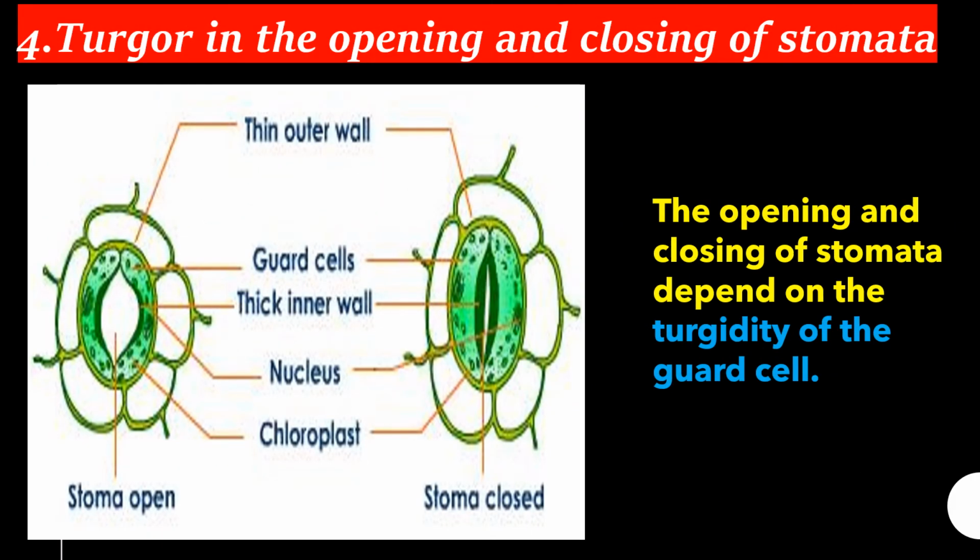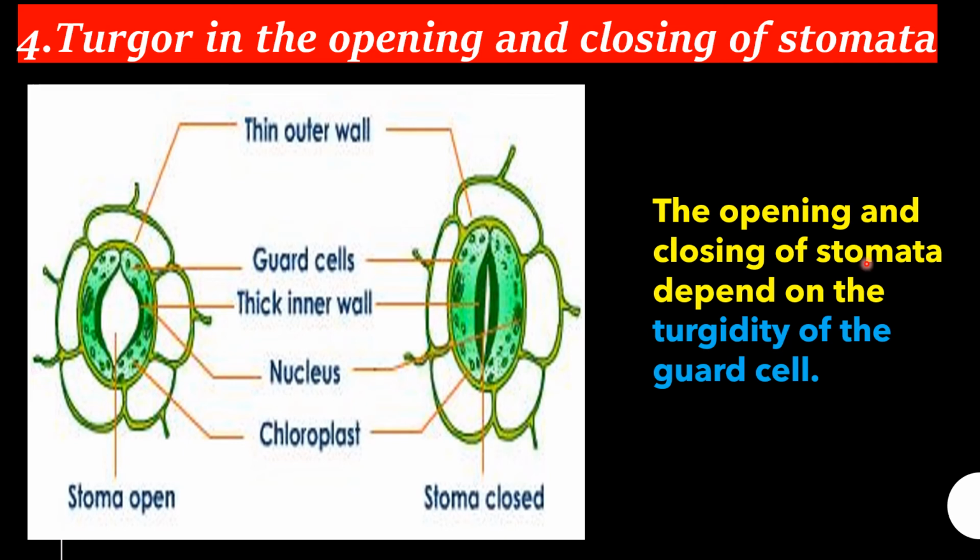Turgor in the opening and closing of stomata is another use of turgidity to plants. Here you can see in this picture, this is an open stoma, this is a closed stoma.